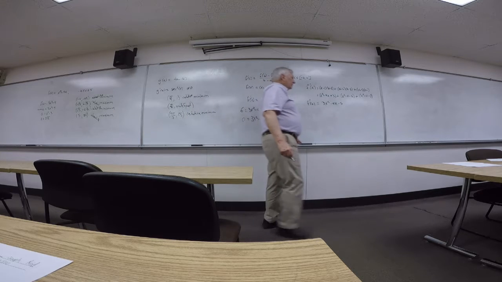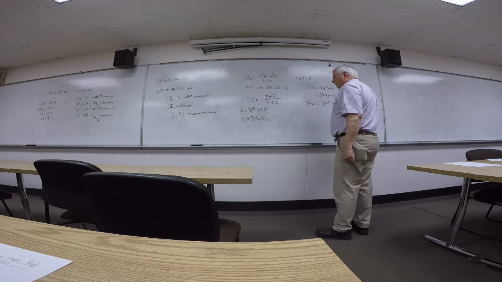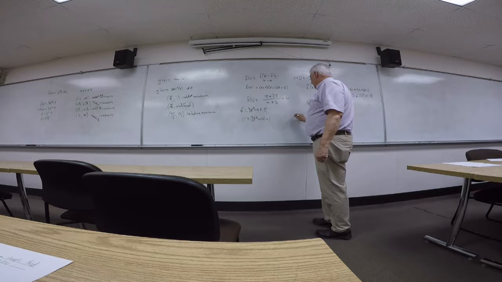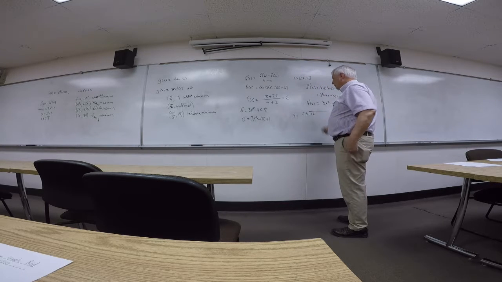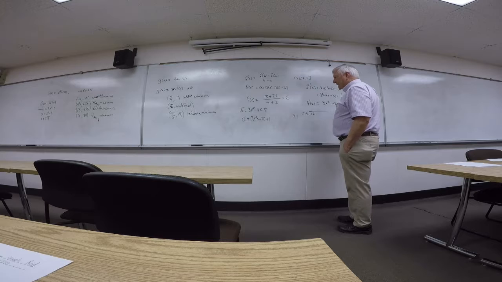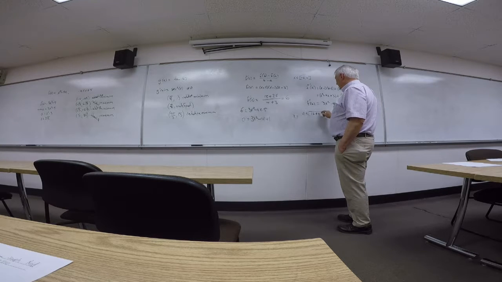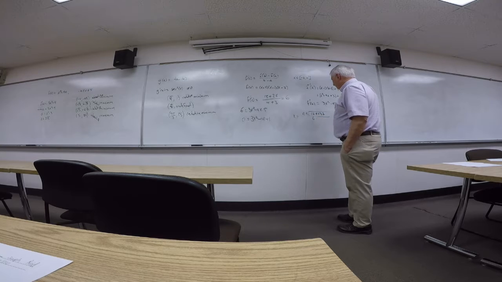That does not factor, so we use the quadratic formula. x is equal to minus b plus or minus square root b squared minus 4 times a times c, plus 132, all divided by 2a.